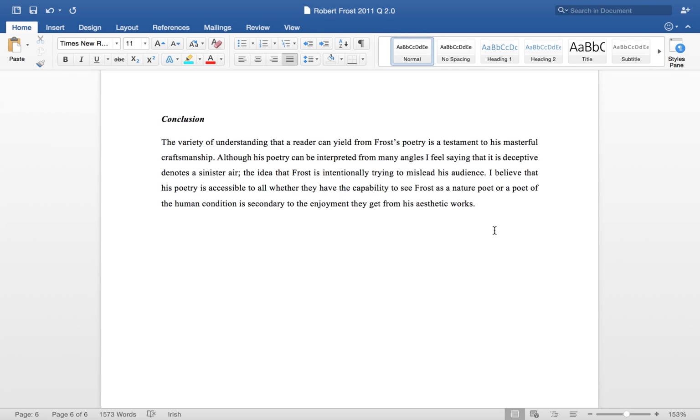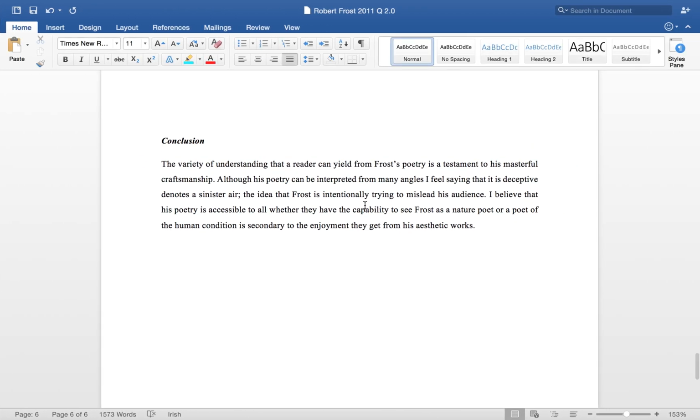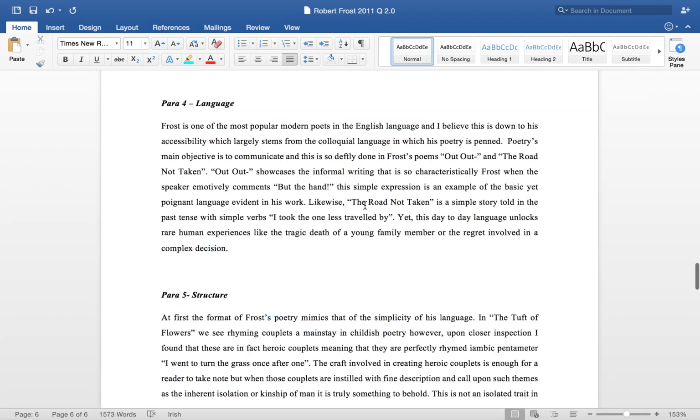So, my final statement there is, it doesn't matter so much at what level they read Frost, as long as they can get something from it. Okay, so again, highlighting that yes, there are many different layers, but I remind my examiner that I don't think it's deceptive. So, that is what I'm expecting from you guys.